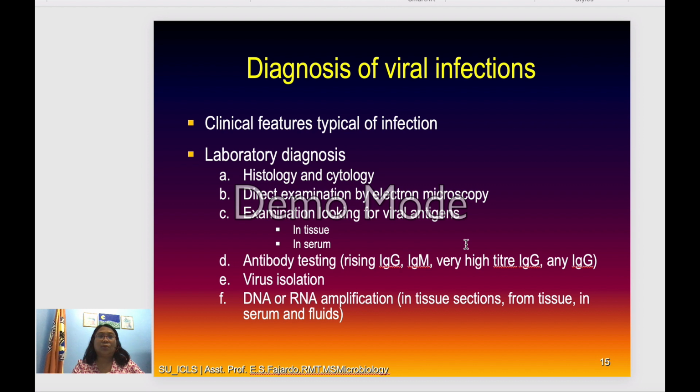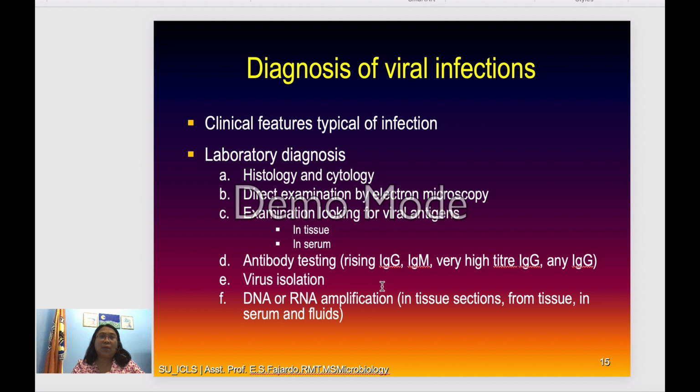We can also test for the presence of viral antigens either in the blood via the serum or in the tissues, especially for liquid specimens. We can also test serologically, doing antibody testing and looking at the titer of IgM or IgG. When there is a substantial increase in the titer, there may be an ongoing infection.